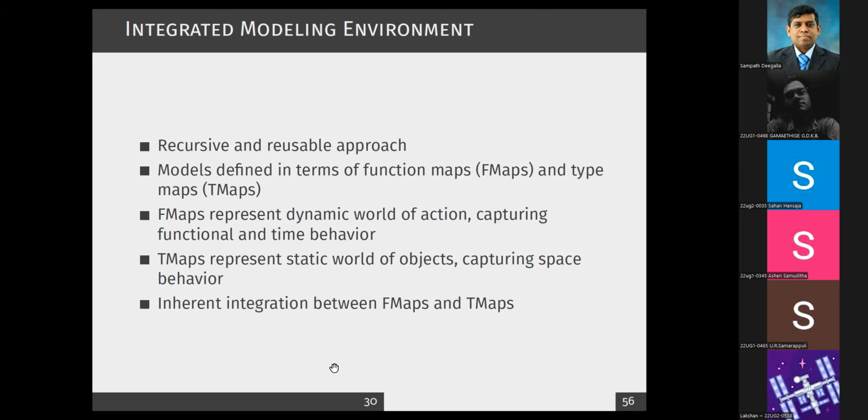So if I talk about the two types of maps, F maps simply describe the dynamic behavior. That means actions or transformations, right? You can also say it captures the function and the time behavior.